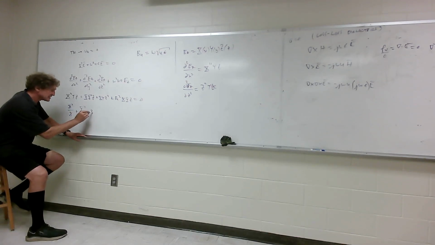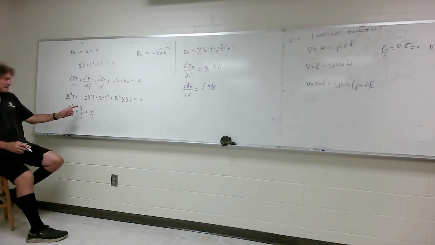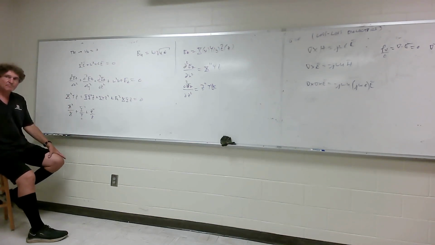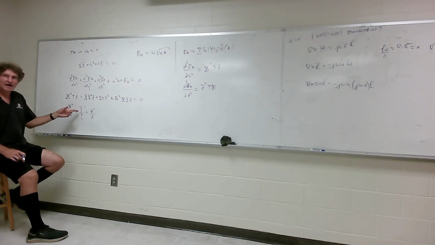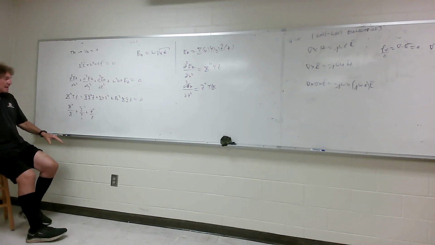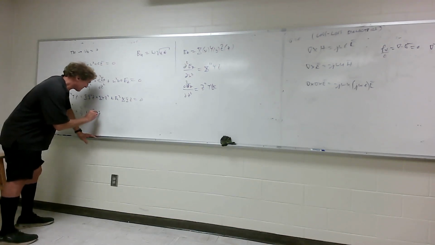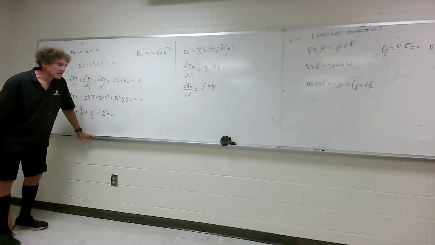Plus, and this is Z double prime over Z. Remember, capital X, capital Y, and capital Z represent functional forms of just functions of x, y, or z. Like it could be sine of ax or cosine of by, something like that. But here, what happens? Plus just beta unguided squared equals 0.